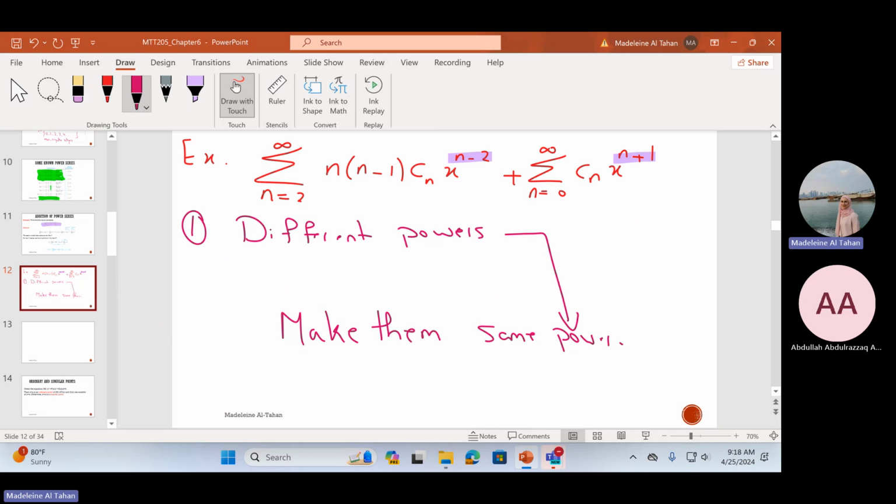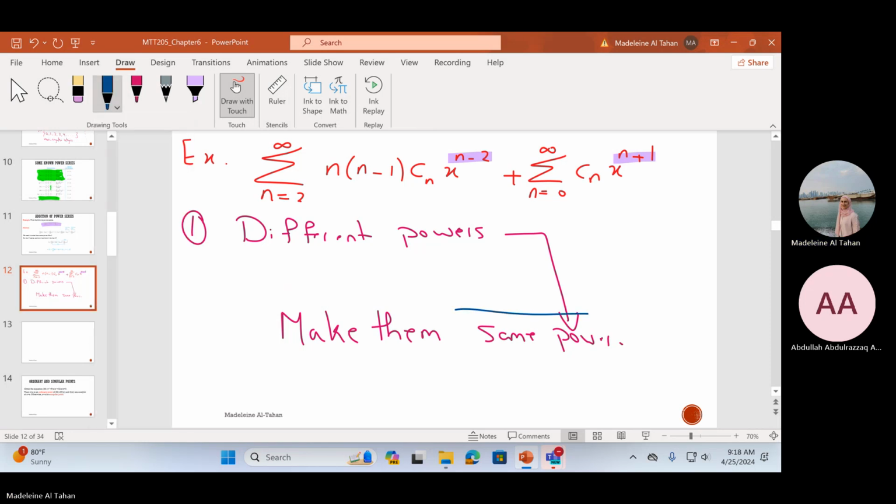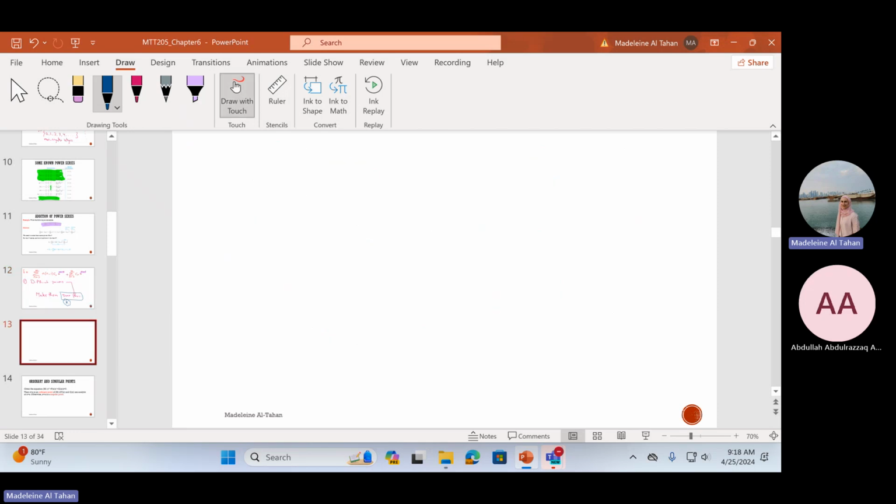To make them the same power, we will assign the power as k. The first one: what do we have in the first series? This is our first series, the sum from n equals 2 to infinity of (n minus 1) c_n x to the n minus 2.